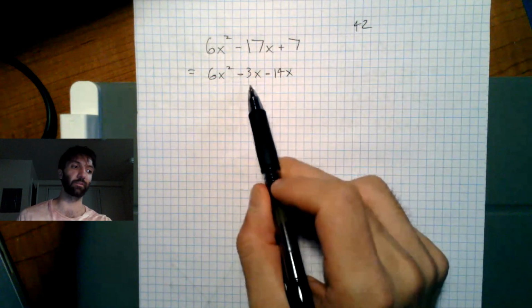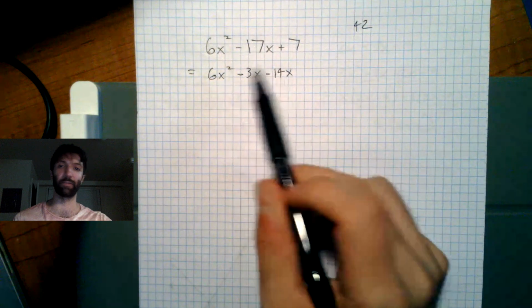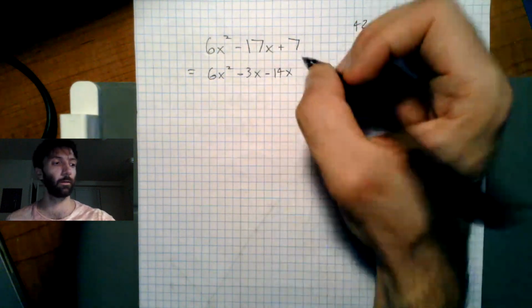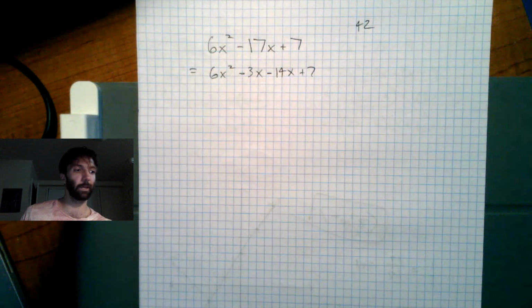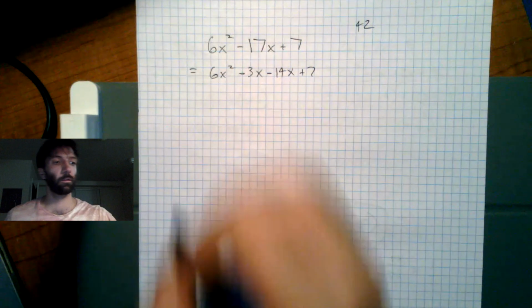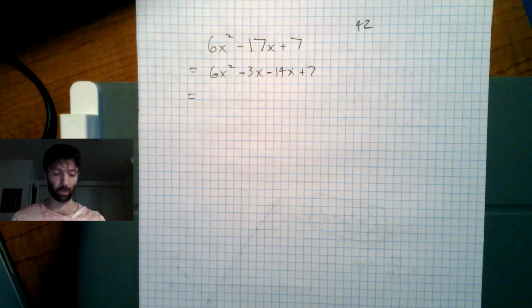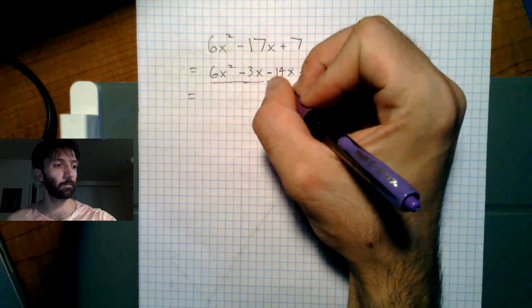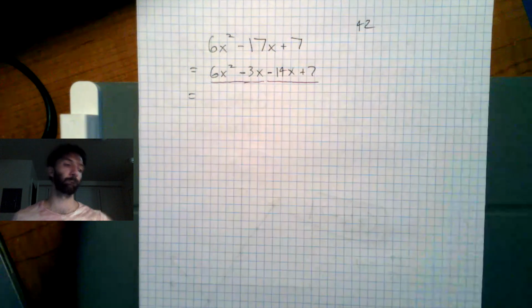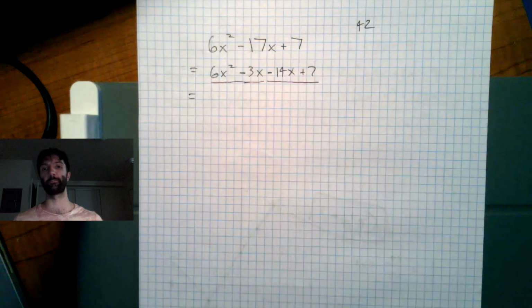Because remember, negative 3x minus 14x equals negative 17x. So I haven't actually changed anything. And then I have my plus 7. Okay. Now I'm going to look at my two groups. Okay. Don't forget that this negative sign here belongs to this second group here.